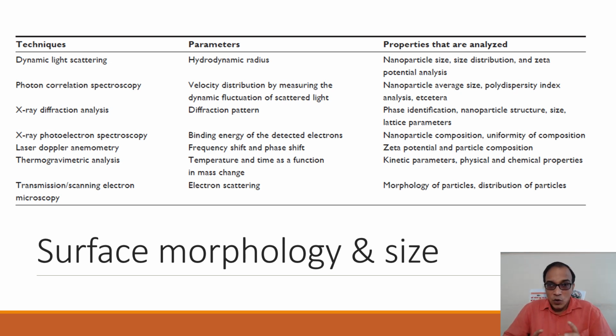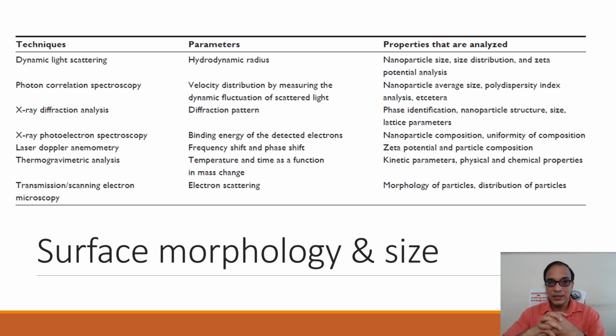This is the holistic view which I am giving to you. Dynamic light scattering, DLS, gives the hydrodynamic radius of the particle, and is a very expensive instrument, but very fast and very reliable. We can have the nanoparticle size distribution and zeta potential analysis with the help of DLS.